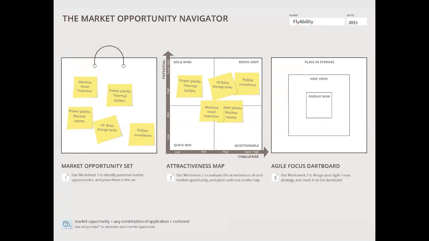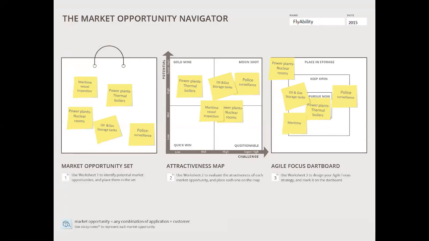And the third step of the navigator is what we call the agile focus dartboard. It allows you to define clearly the opportunities that you will pursue now, your primary focus, but also the options that you will keep open for future backup or growth, and those that you will place in storage. You can do this with the help of worksheet 3 that helps you to design this smart portfolio of backup and growth options and depict it on this dartboard.